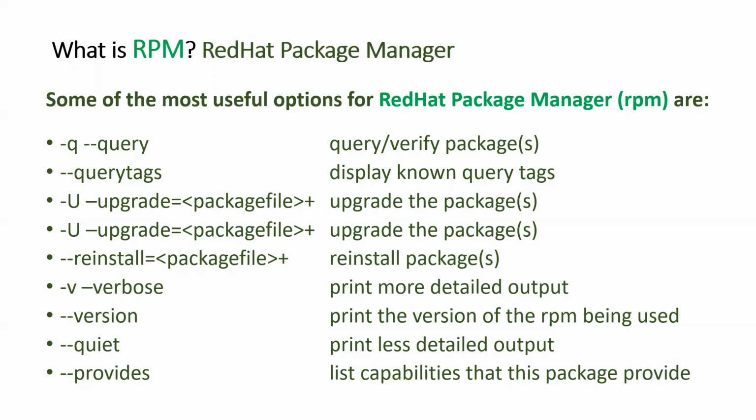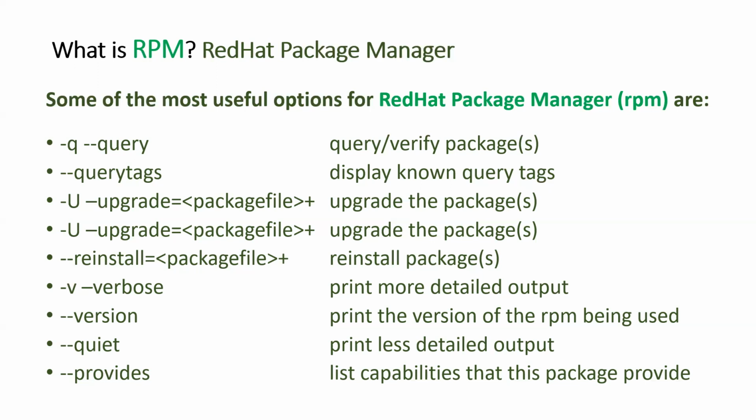And you can do rpm --version, and it will give you the version. If you don't want the verbose option or the hash information, you could do --quiet, and it will be less detailed output. And then with --provides, you can find out the name of the package that brings this binary that you're trying to find.